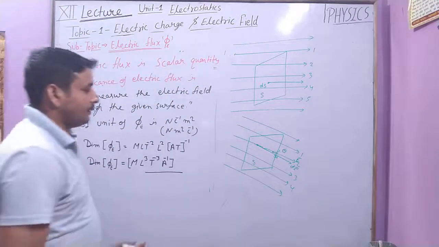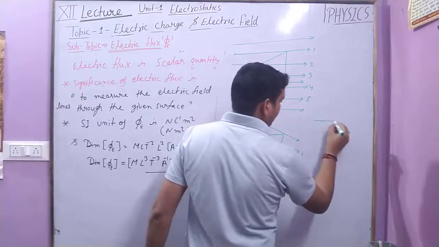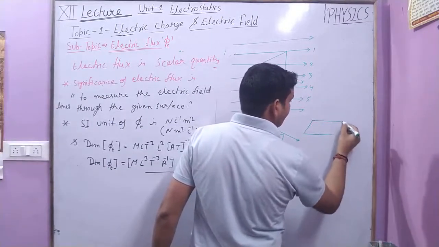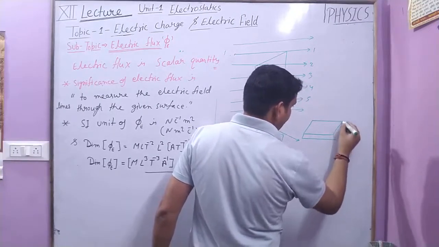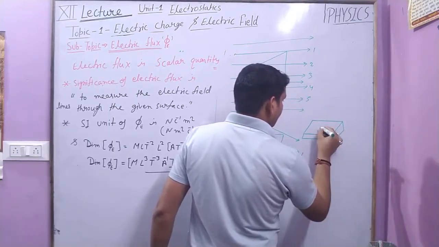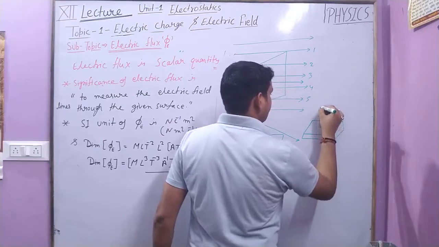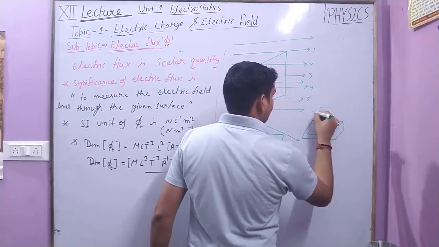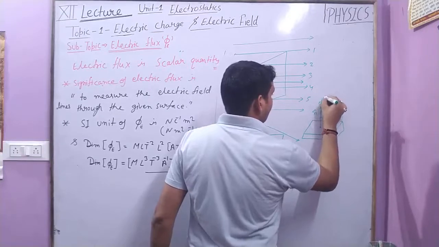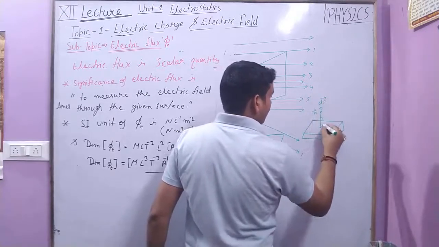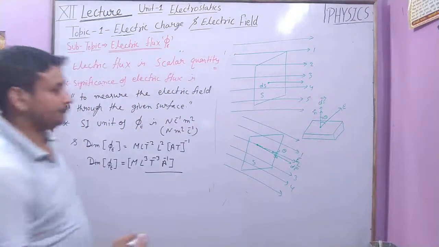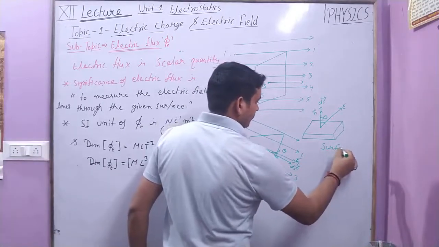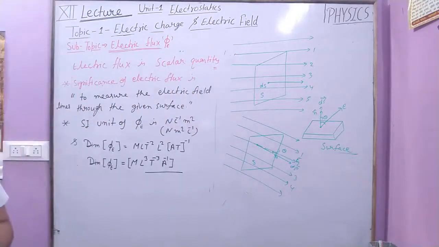Okay, and for simple calculation you can use a cuboidal surface for which this is the unit of area vector and this is electric field lines crossing the surface. Okay, clear? So this is all about electric flux.